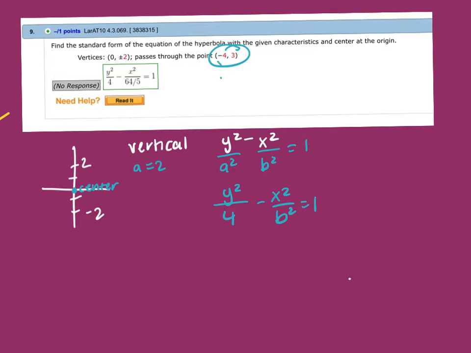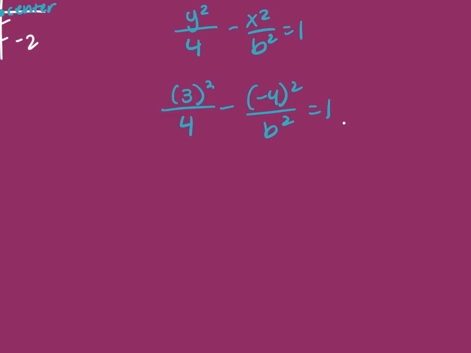Then here's my coordinate point. This is my x and this is my y. So y would be 3 squared over 4 minus the x, negative 4 squared over b squared, equals 1. Square that 3, you get 9 over 4 minus 16 over b squared equals 1.